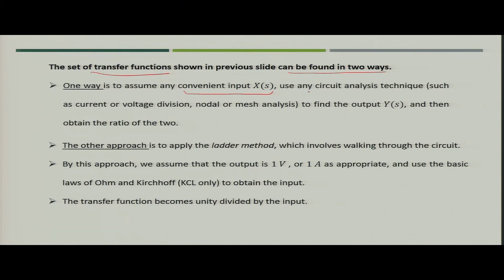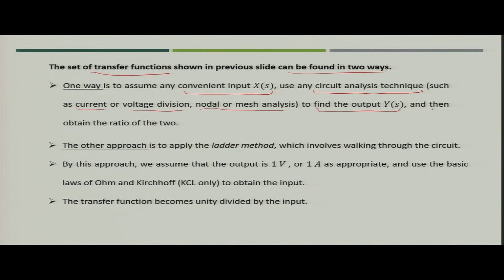Now, you will use the circuit analysis techniques that we discussed in our previous lectures, like current or voltage division or nodal or mesh analysis. You can apply those techniques and find the output Y(s).